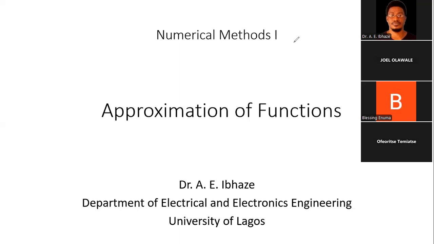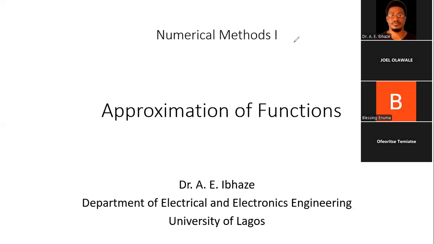So now we are going to be looking at some other techniques that could be used for the approximation of functions, beyond what we already covered. And now we'll be looking at techniques like the least square approximation techniques, where we now have to figure out a function that may not necessarily trace the entire points or connect the entire points, but would rather minimize the error between the actual and the approximated function.